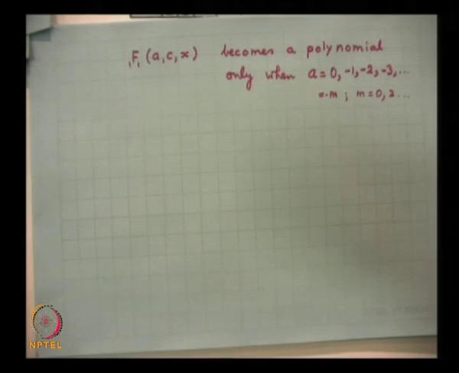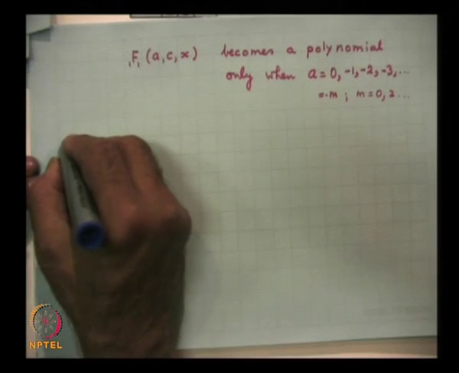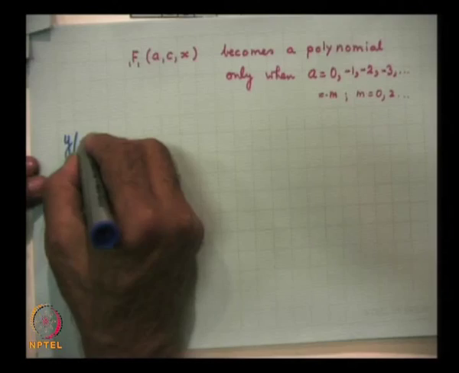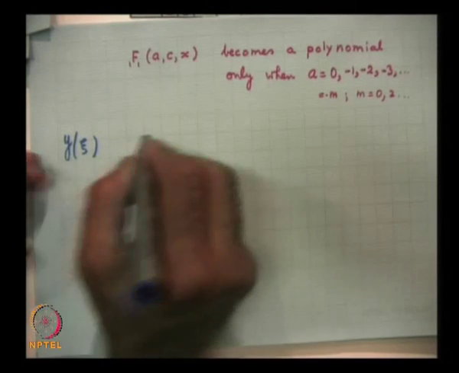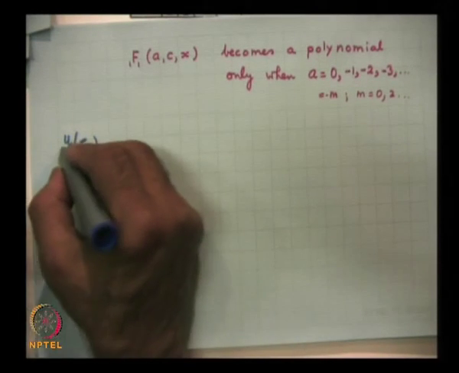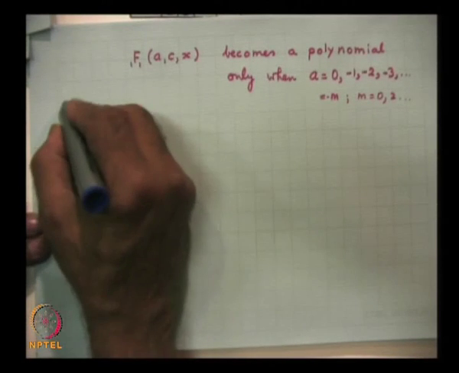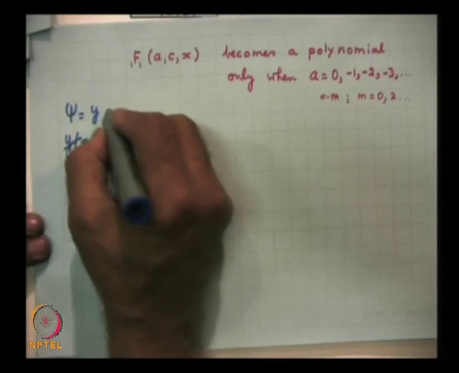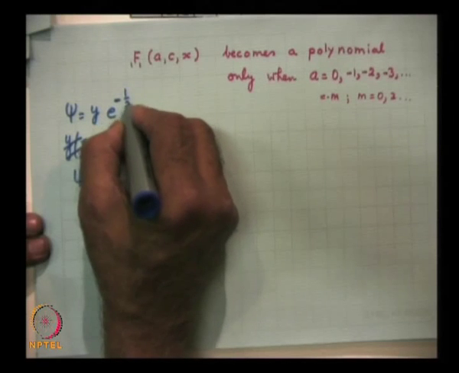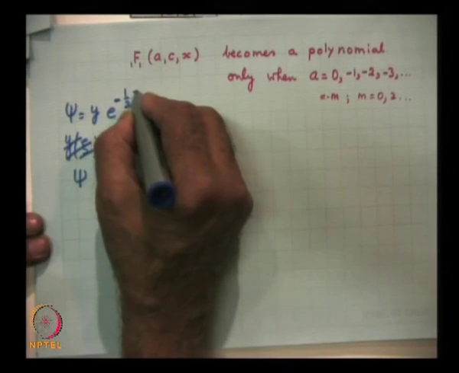And now, what we have done is that y of xi, the solution, actually psi of xi, I am sorry, psi of xi, the wave function was y into e to the power of minus half eta. Eta is xi square.